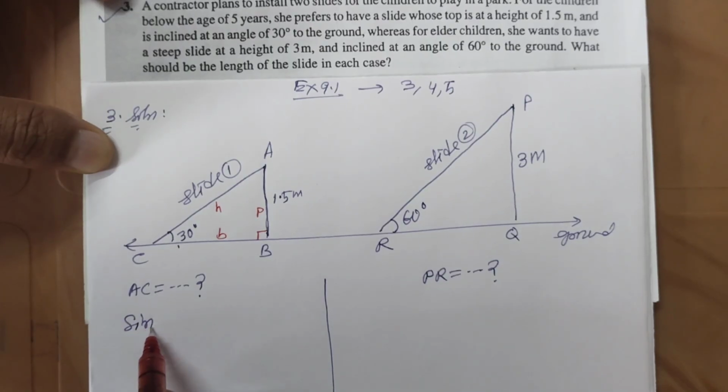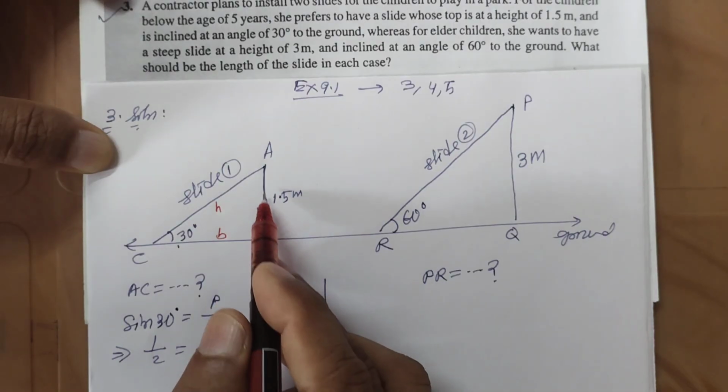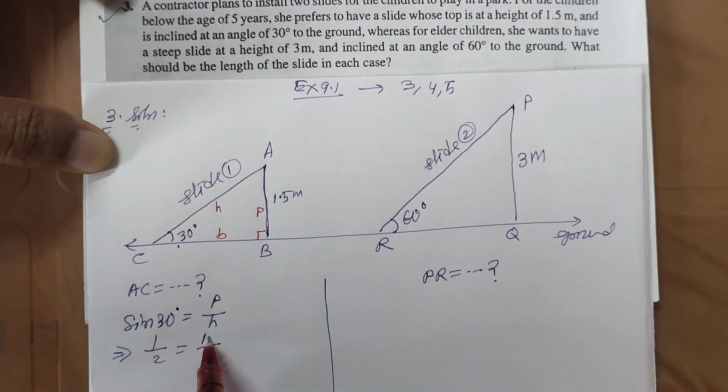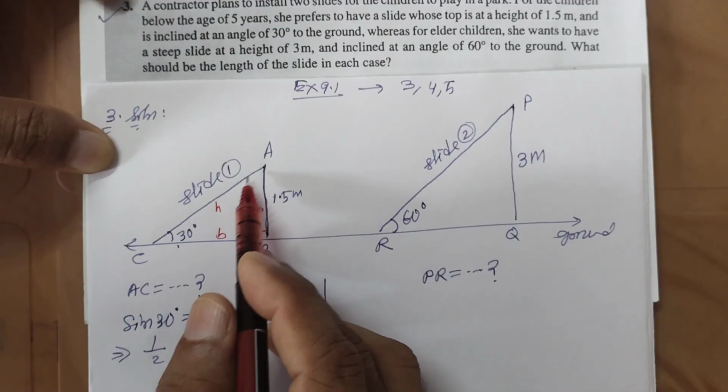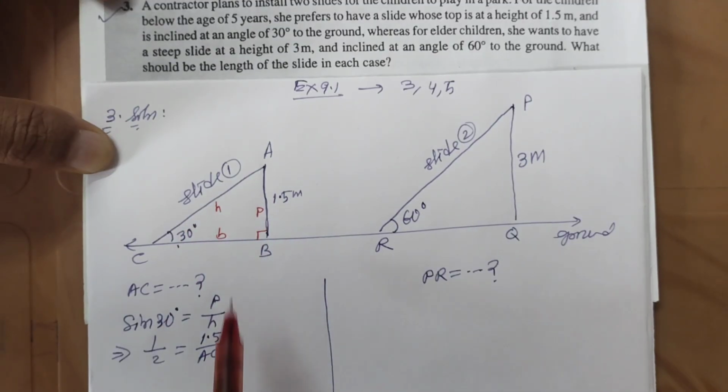Sin theta is equal to P by H. Sin 30 degree is 1 by 2. Perpendicular is AB, the height, which is given as 1.5. AC is unknown, we have to find it. AC is the length of the first slide. So 1 by 2 equals 1.5 by AC.